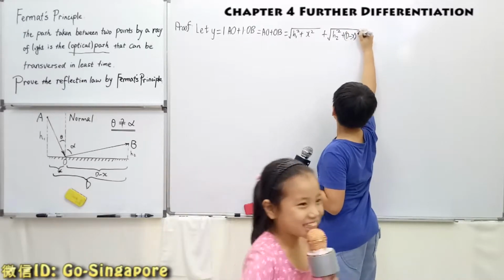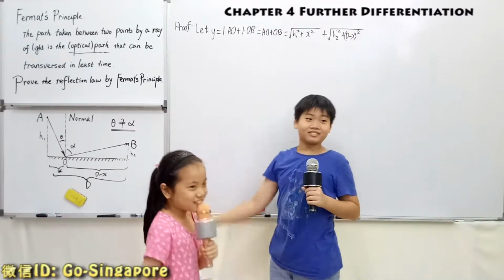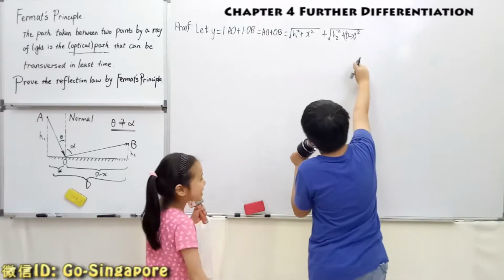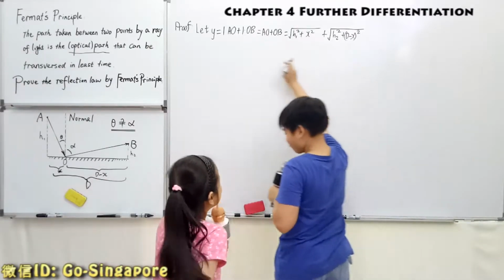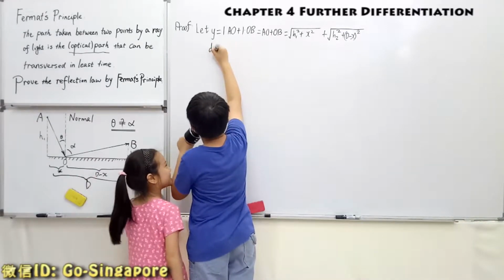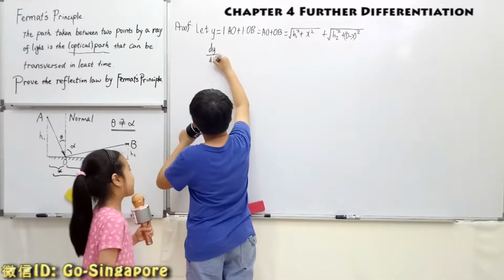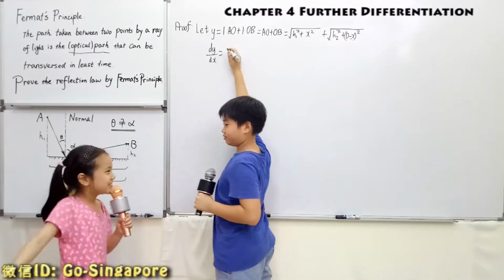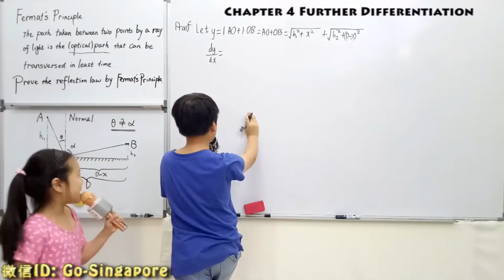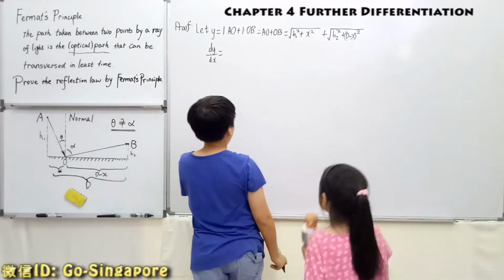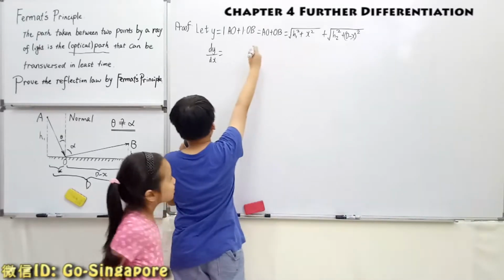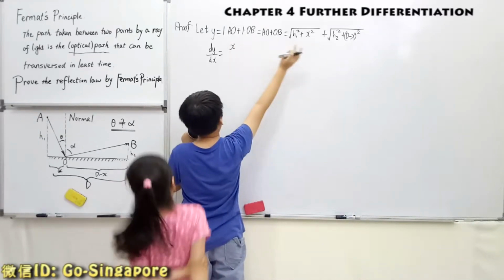Square bracket, square. So for this, is it like this? Then can we find the first derivative, dy over dx? For this, we just look at the square root.